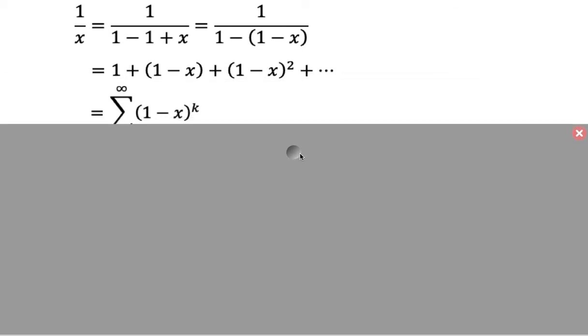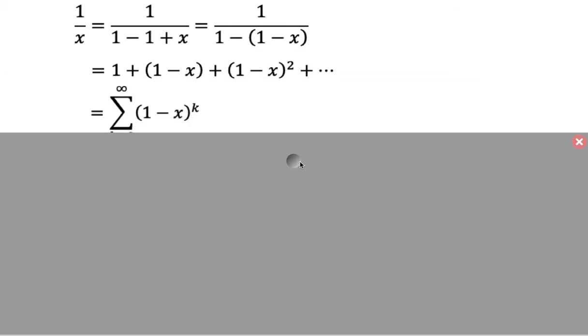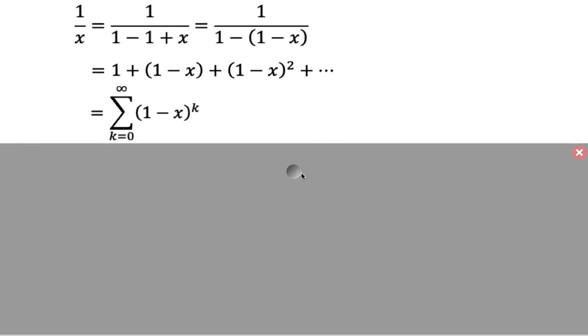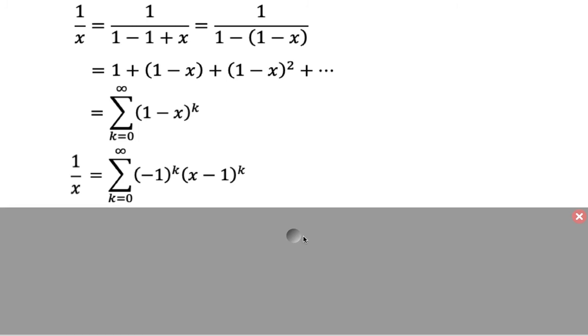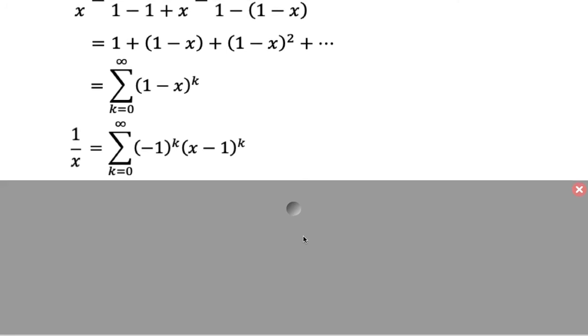That's really 1 plus 1 minus x plus 1 minus x squared, or the sum from k equaling 0 to infinity of 1 minus x to the k. But we don't like it being 1 minus x, so let's manipulate it into the sum from 0 to infinity of -1 to the k x minus 1 to the k.